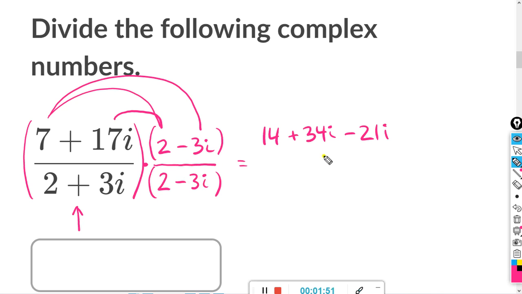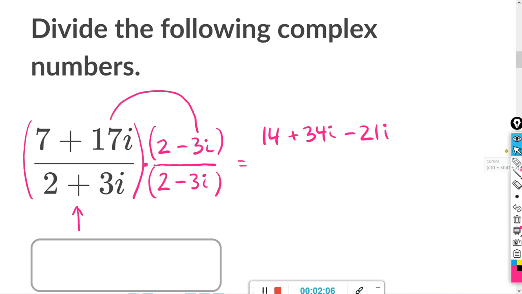And the last, just erase some of this here, the last term is going to be 17i times negative 3i. Okay, 17 times negative 3 is, let me see, negative 51. And of course, i times i is i squared.